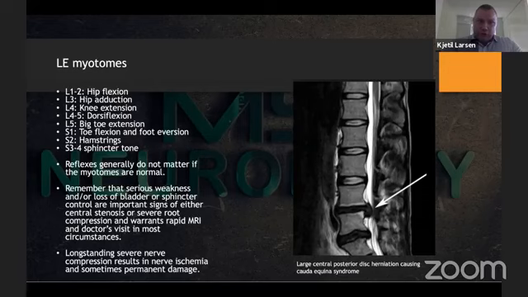In old degenerative spine disease, so let's say the patient is 60 years old or 70 years old, now you may see degenerative disease all the way up to the high lumbar aspect. So for example, hip adduction or adductor myotome weakness, very uncommon in a young patient, but you might see that now and then in a patient who is of older generation.